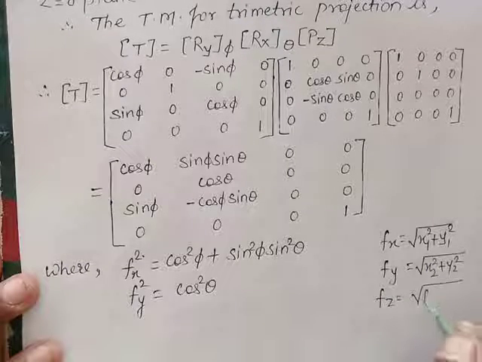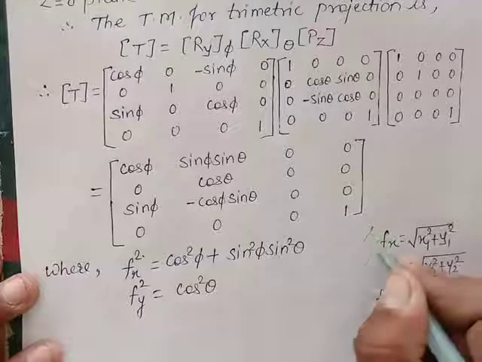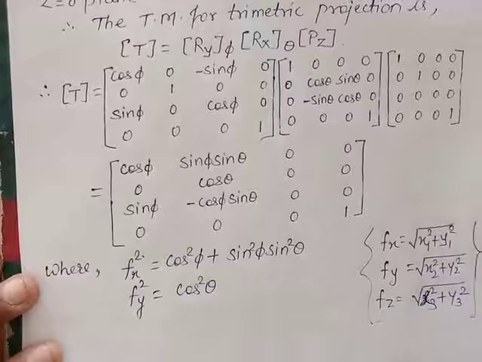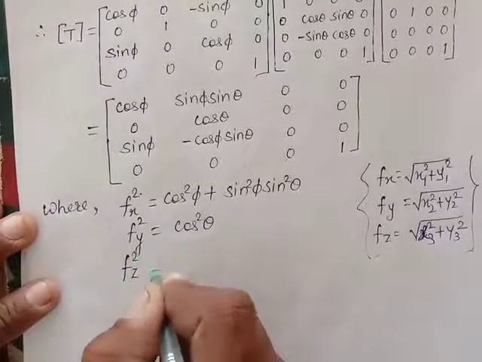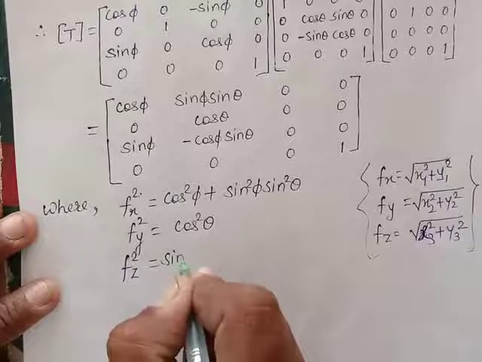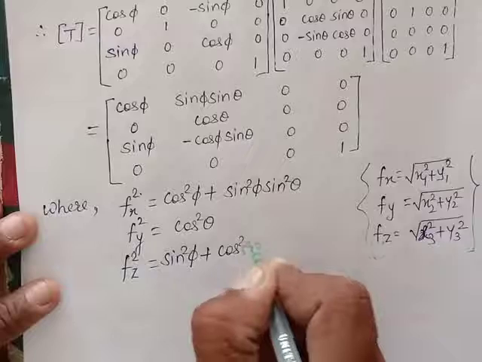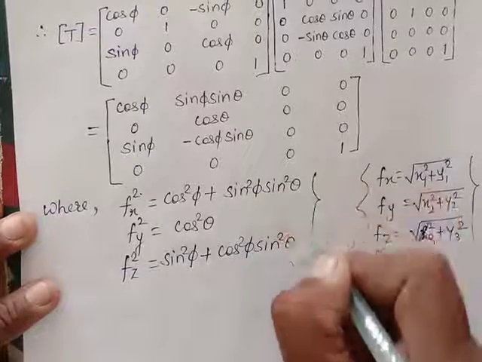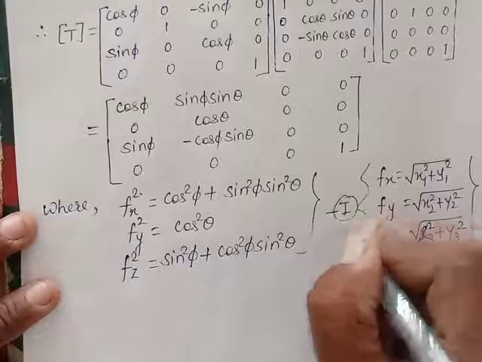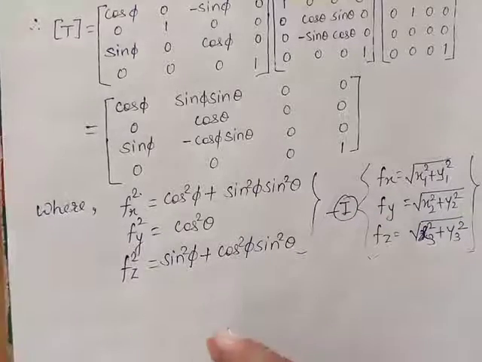Root x3 square plus y3 square. This is the part, right? Okay, and fz square is what? Sin square phi plus cos square phi into sin square theta. Call this as equation number 1.